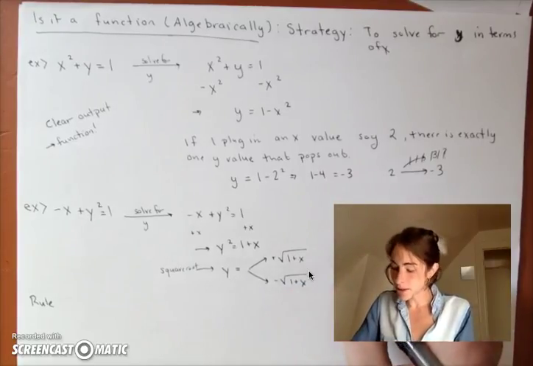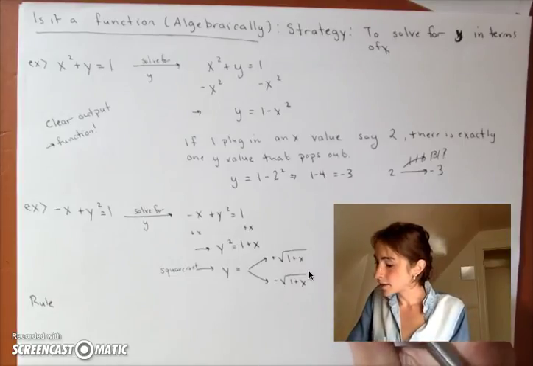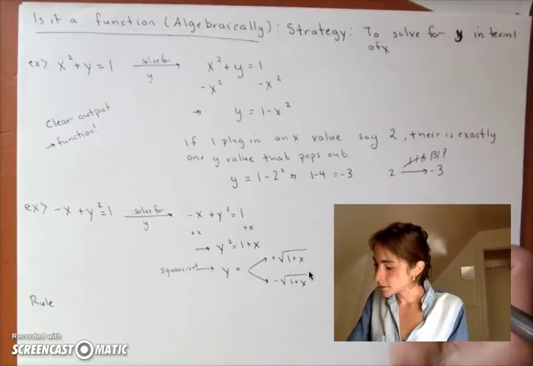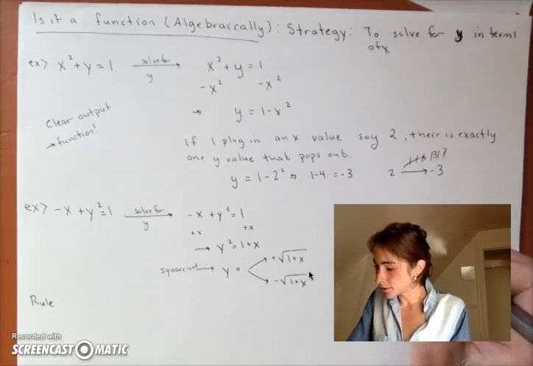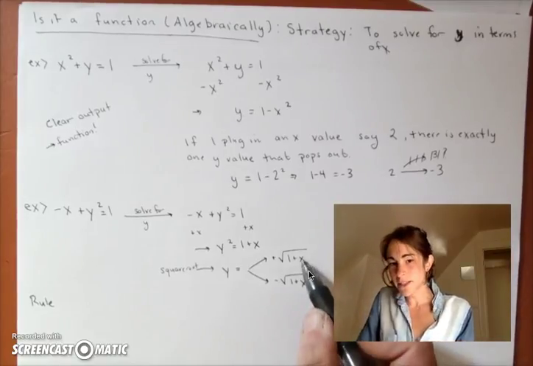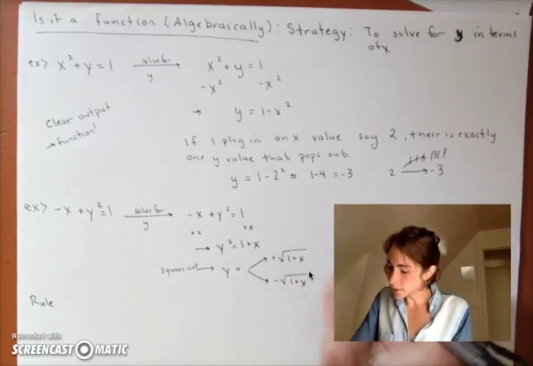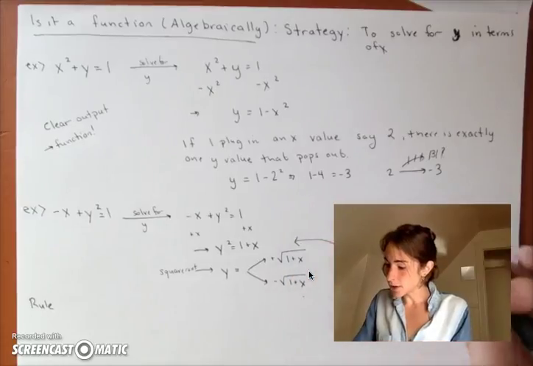So now if I plug in, say, 2 for x, well, do I plug it into this one or this one? It's sort of ambiguous.